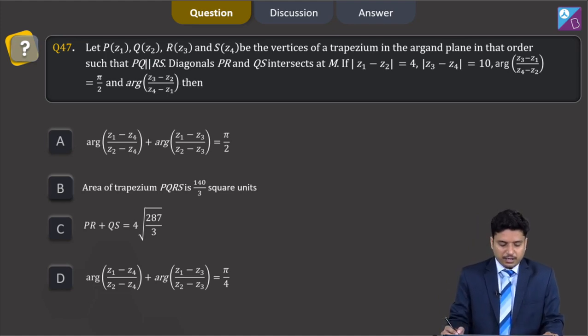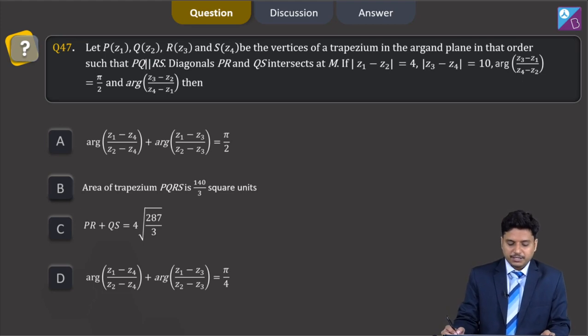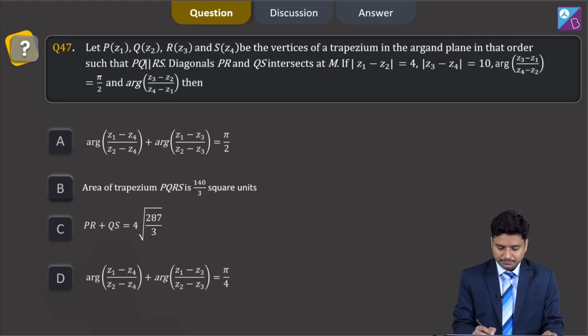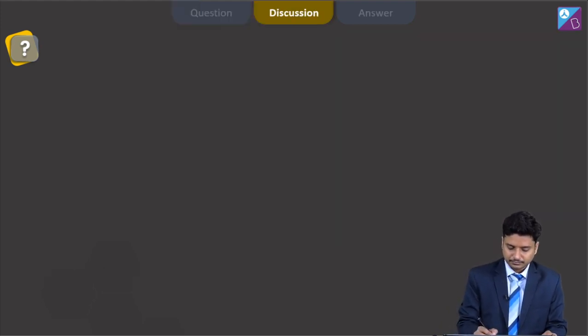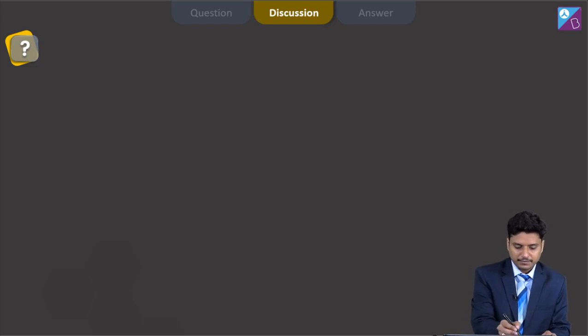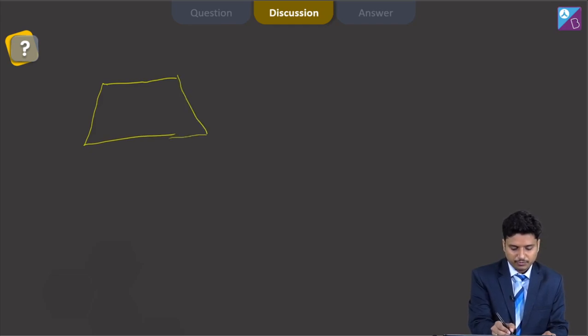So here Z1, Z2, Z3, Z4, these are 4 vertices. So Z1 we are putting here, Z2 here, Z3 here and Z4.